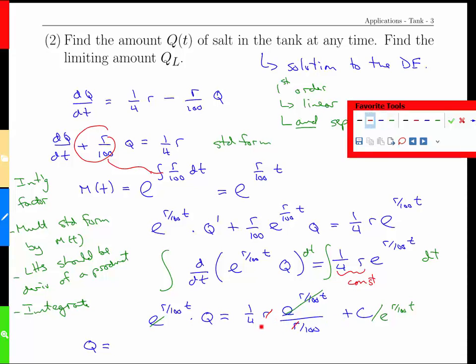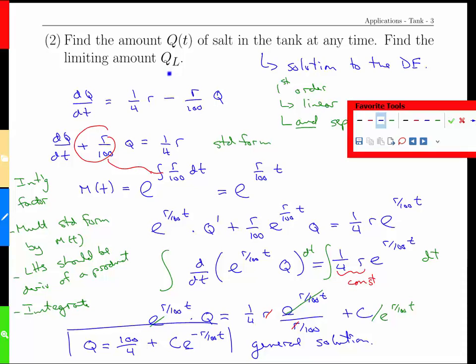The r's cancel here, and this ends up being 100 over 4, plus C e to the minus r over 100 t. We can replace the division with a negative exponent. And that would be our general solution. So far in our problems, that's largely been where we've stopped.